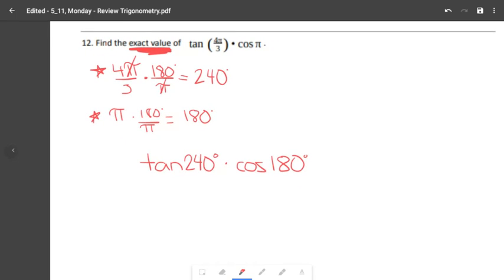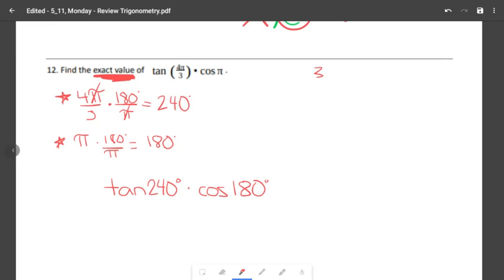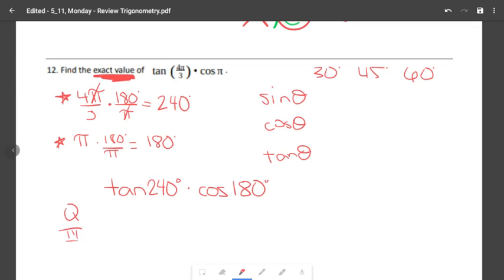Our chart, though, only has 30, 45, and 60 on it. So that means that we are going to have to do QSFR. Q stands for quadrant. 240 is in the third quadrant. It's between 180 and 270. SF, sign of our function.